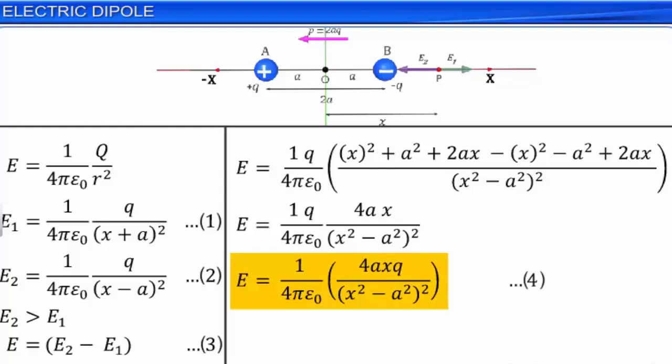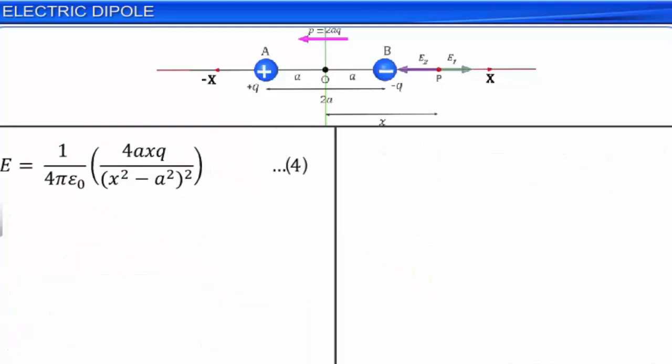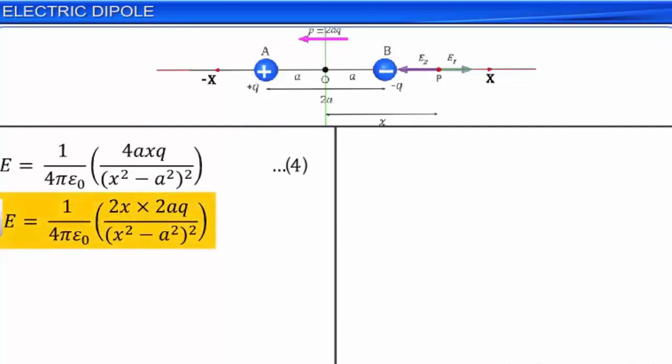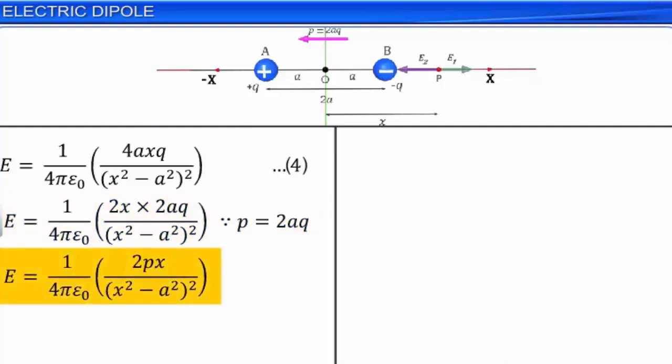Simplifying equation 4, we get E is equal to 1 by 4 pi epsilon naught 2x into 2aQ by (x square minus a square) whole square. In this equation, 2aQ is the magnitude of the dipole moment P. Therefore, E is equal to 1 by 4 pi epsilon naught 2px by (x square minus a square) whole square. Let this be equation 5.